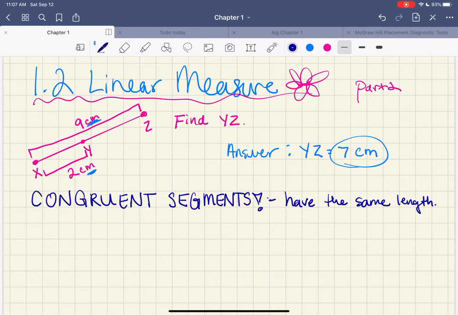This means that whatever their measure is, it applies to both of them, okay? So that makes them congruent. Congruent means the same. It means duplicates, essentially, copies. So let me show you some congruent segments.